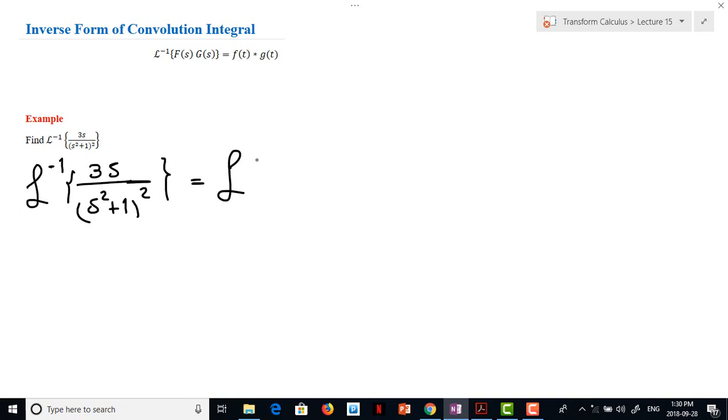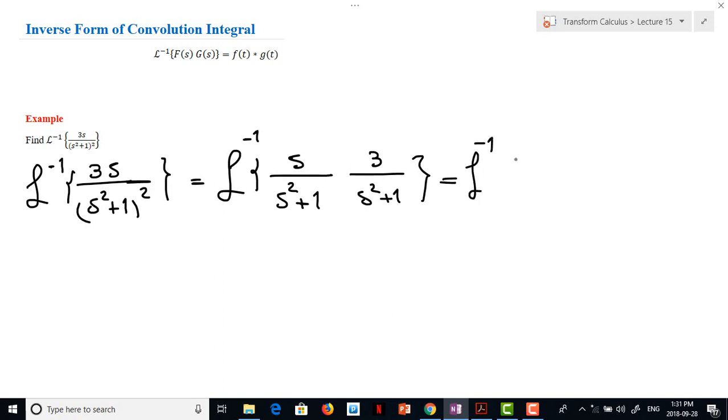I can say this fraction is equal to the product of s over s squared plus 1 times 3 over s squared plus 1. 3 times s is 3s, and s squared plus 1 times s squared plus 1 is (s squared plus 1) squared. So it's the Laplace inverse of F(s) times G(s).